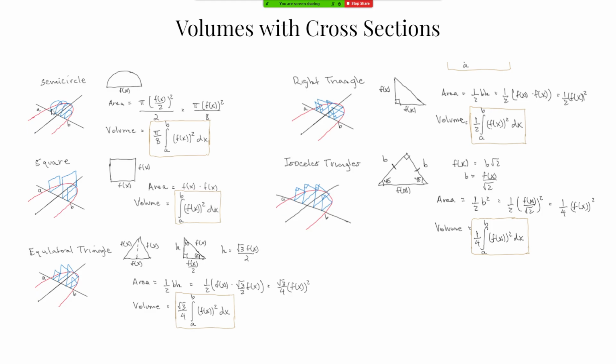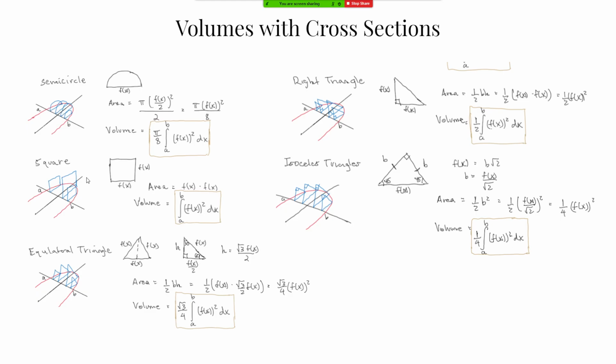The area of each semicircle is pi times f of x squared divided by 8. So the volume formed from these cross sections is pi over 8 times the integral from a to b of f of x squared.